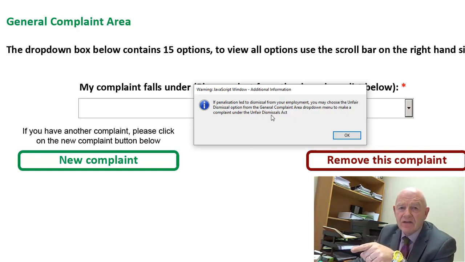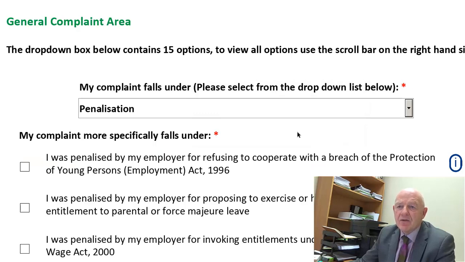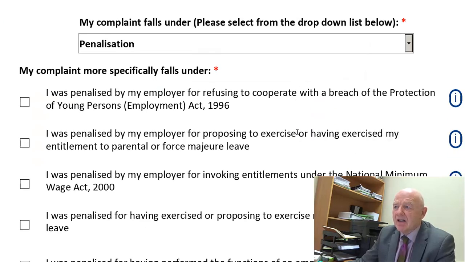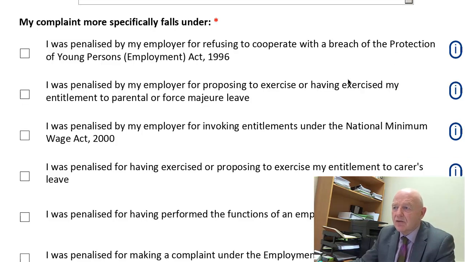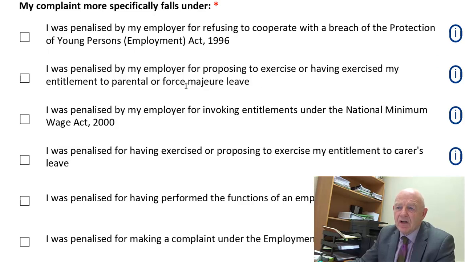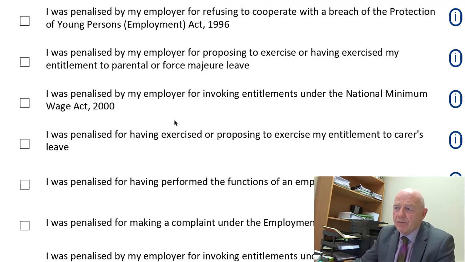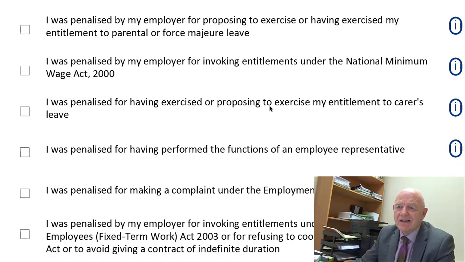This indication on the screen flags up the difficulty, because once I have picked penalisation there, you'll see the options I have. I was penalised for breach of the Protection of Young Persons Employment Act 1996. No, that's no good. I was penalised for looking to exercise parental or force majeure leave. That's no good. I was penalised for invoking entitlements under the National Minimum Wage Act 2000. That's no good.